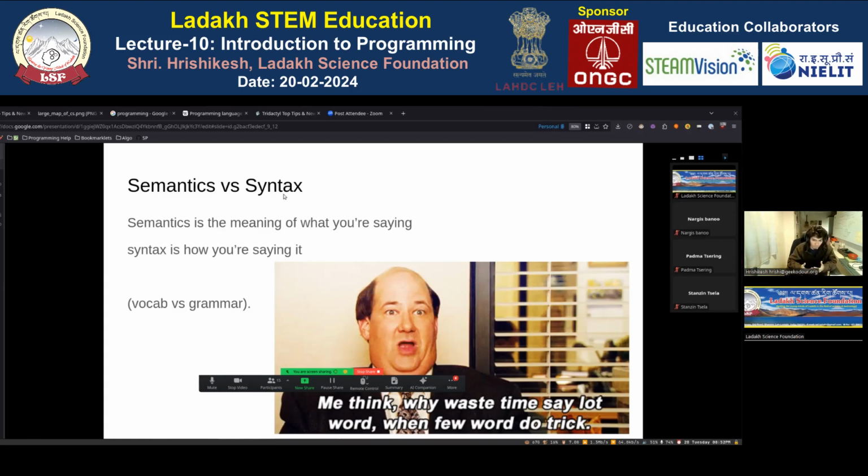When you write a program, you can tell it to write from 0 to 100; that is the semantic meaning. Then you will write it in different ways in different programming languages. Just like human language, you will write something differently in English and differently in Hindi, right? So that's the difference between semantics and syntax.